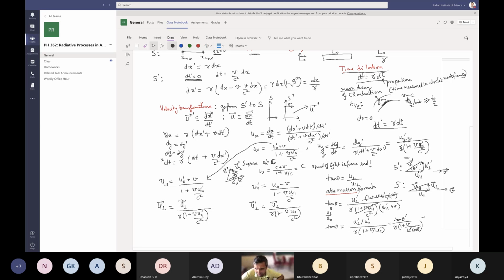Or this is nothing but u prime sine theta prime divided by gamma times u prime cos theta prime plus v. This is how your angle theta measured in frame S relates to angle theta prime measured in frame S prime.